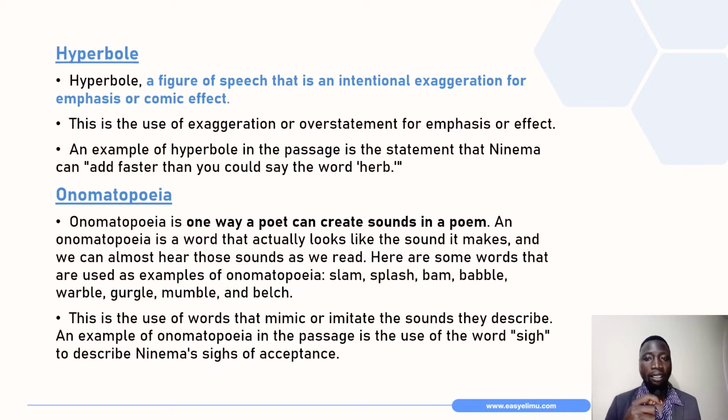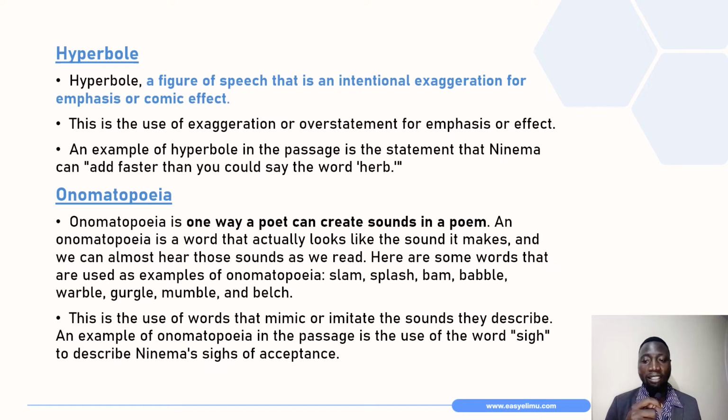So we are told that in the passage there is an exaggeration or overstatement, where we are told that Ninema could add faster than you could say the word hub.